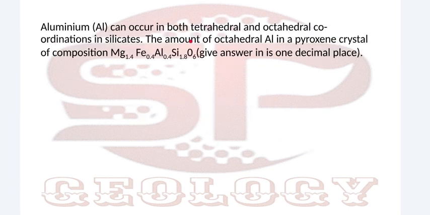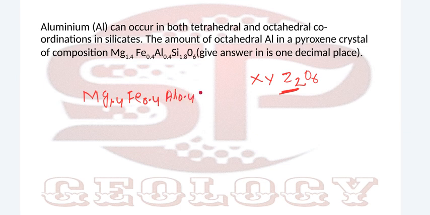Aluminum occurs in both tetrahedral and octahedral coordination in silicates. The amount of octahedral Al in a pyroxene crystal of composition Mg 1.4, Fe 0.4, Al 0.4, Si 1.8, O6. First we have to remember the general formula, that is XYZ2O6. That means the Z place, the tetrahedral place, should be 2. Si always takes the Z place.